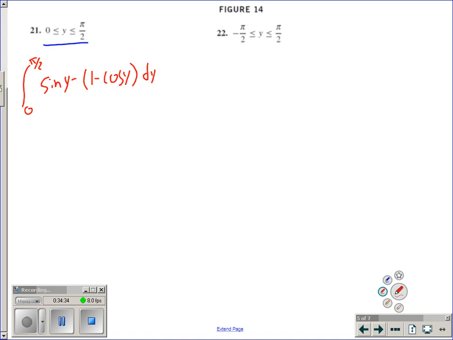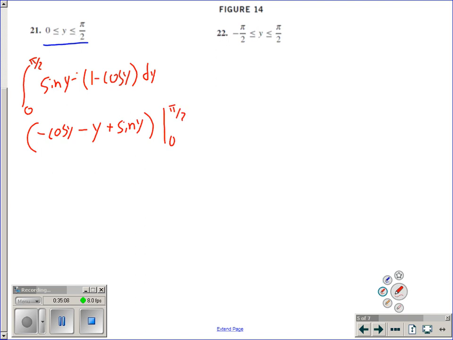All right, let's integrate each piece. So the integration of sine is negative cosine of y. That's going to be minus, okay, the integration of 1 is just y, and then it's going to be plus cosine y. So the integration of cosine y is going to be just sine of y. Okay? And we're doing that from 0 to pi over 2.